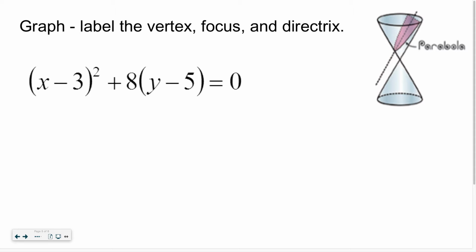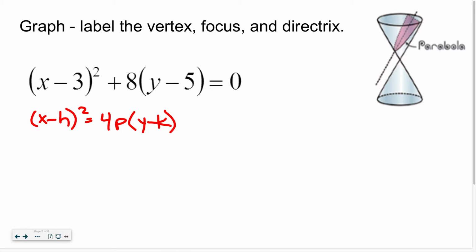One thing that will probably be helpful for a lot of people is to identify right off the bat which equation this looks the most like. This one looks most like the top one, x minus h squared. Okay, so I'm going to write that down. We want it to look like x minus h squared equals 4p times y minus k.